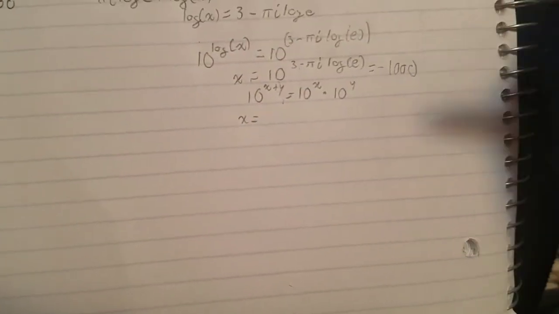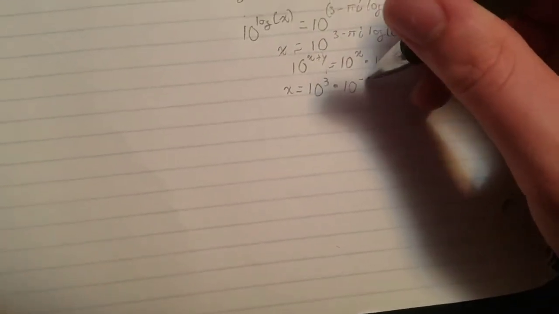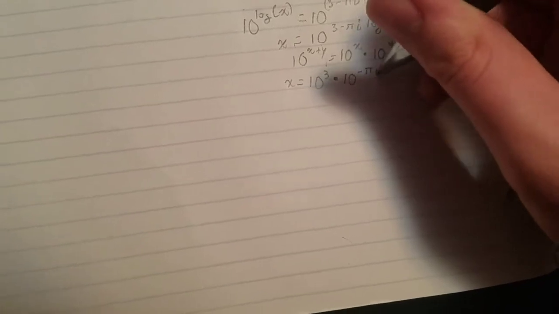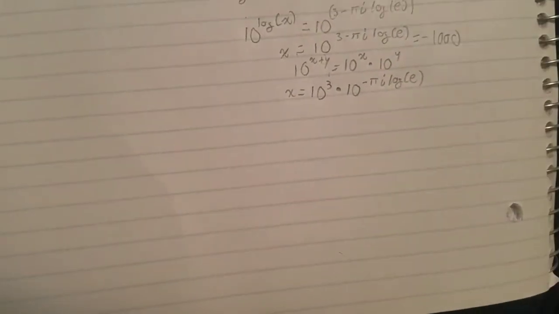So we got x is equal to this just terrible number. What we can do is split it up to 10 to the third times 10 to the negative. That's key right there. But you'll see that it actually doesn't matter at all. So it is equal to that.